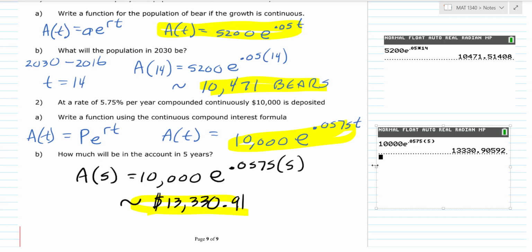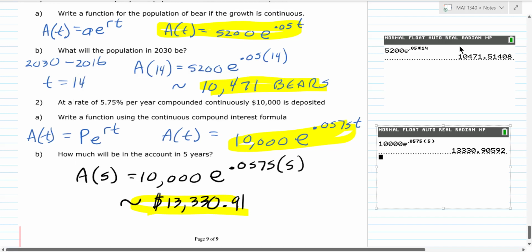Okay, so let's see if we got what you're supposed to get. I think we did. So the first one, it was 14 years later from 2016 to 2030. So you ended up doing 5,200 e to the 0.05 times 14. Take off the decimal on that. The second one, you did 10,000 e to the 0.0575 t, and then t is 5, so that was $13,330.91.